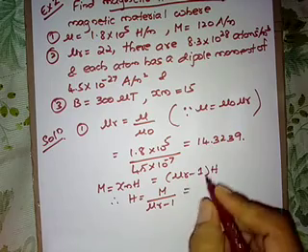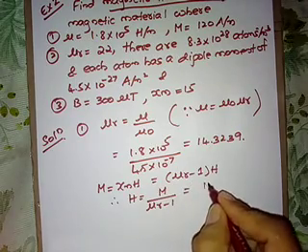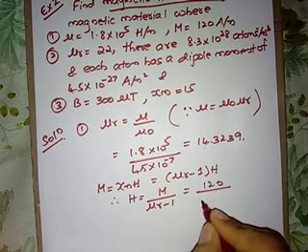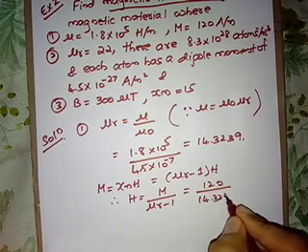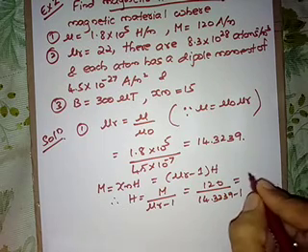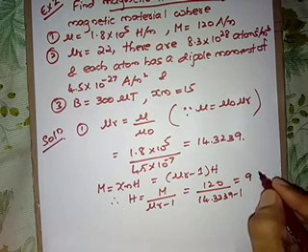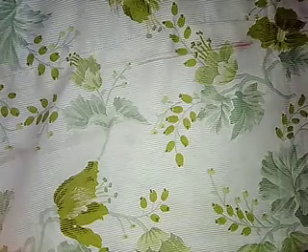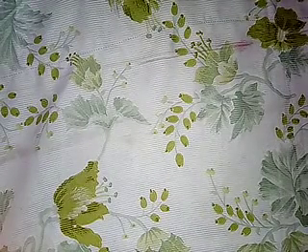So that is nothing but M is 120, this divided by mu r, how much? 14.3239 minus 1. So this will be equal to around 9 ampere per meter. This is the first part. Let us move on to the second part of the problem.